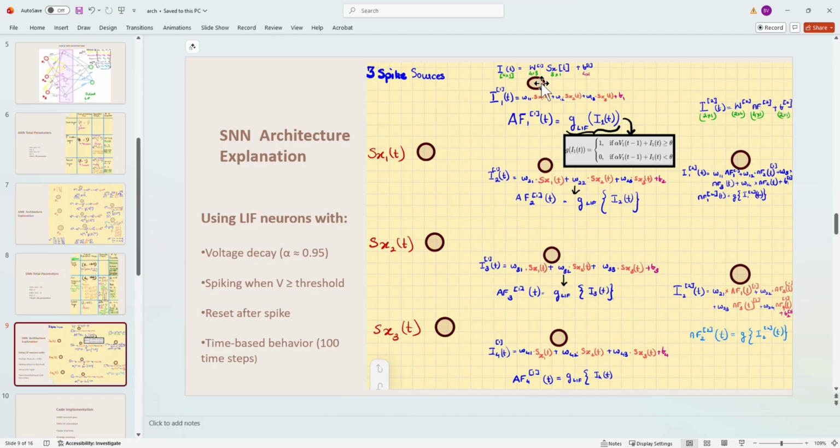But in the SNN case, the activation is binary. It's either a neuron spike, which is represented by a 1, or it stays silent, which is 0. This spike then becomes the input to our next layer, multiplied by the weight, exactly like in the ANN.